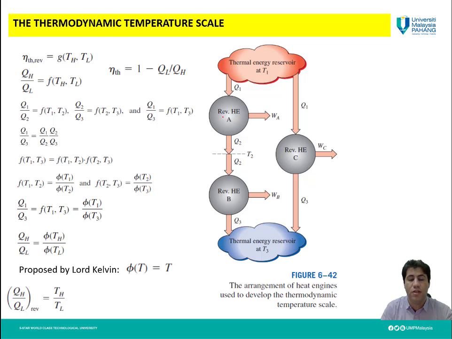Imagine we have these two reversible heat engines, A and B. Heat engine A captures thermal energy equal to Q1 directly from the thermal energy reservoir and produces WA amount of work, and we release Q2, which is the amount of energy going to be released to the reservoir with lower temperature.